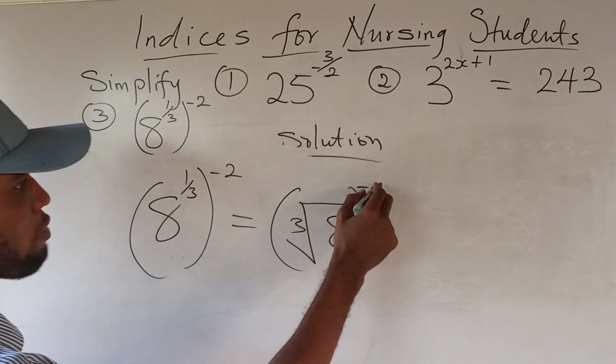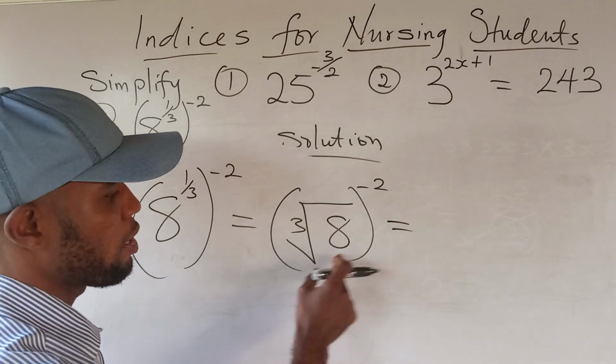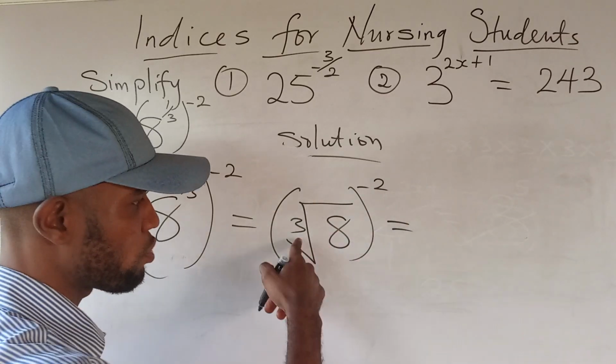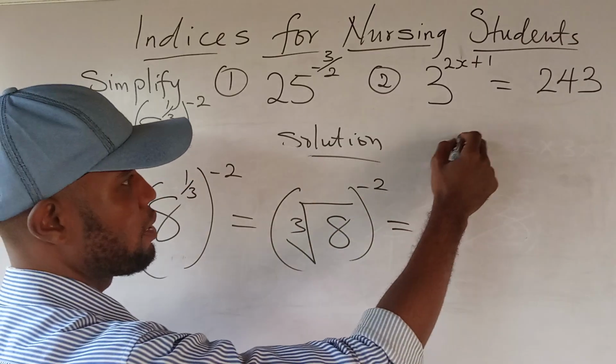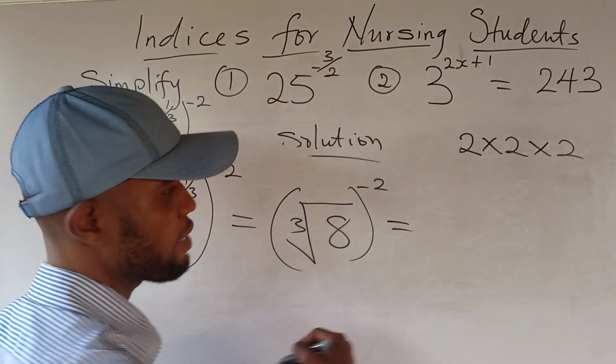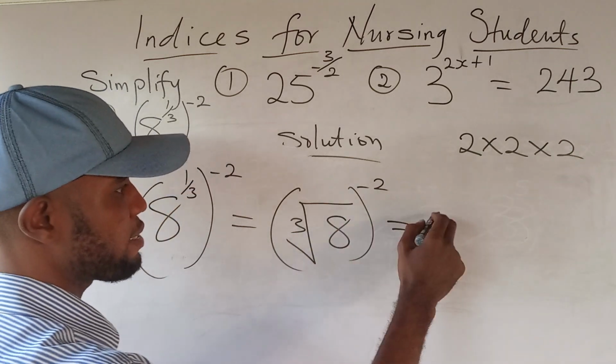So raise it to the power of this minus 2. Now what is cube root of 8? What cube root means is: what number can you multiply by itself in 3 places to give you 8? The answer is 2. 2 times 2 times 2 is 8. So the cube root of 8 is 2.